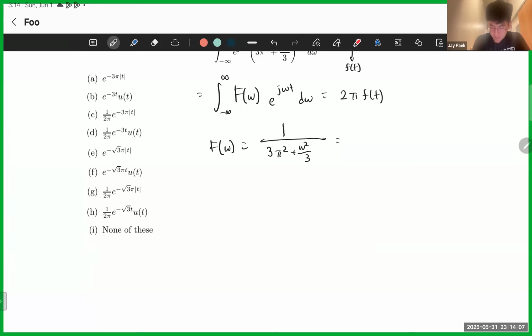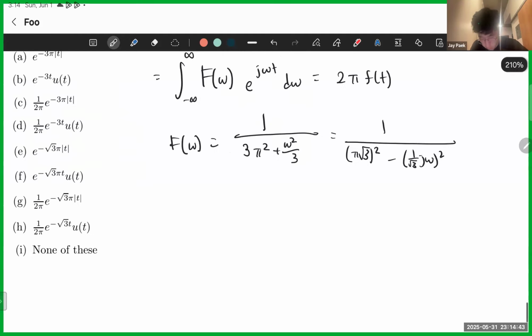I could just write it out as negative j omega squared, or more so, minus j omega, 1 over root 3 squared. There we go. So we could represent this as a difference of squares, which is convenient.